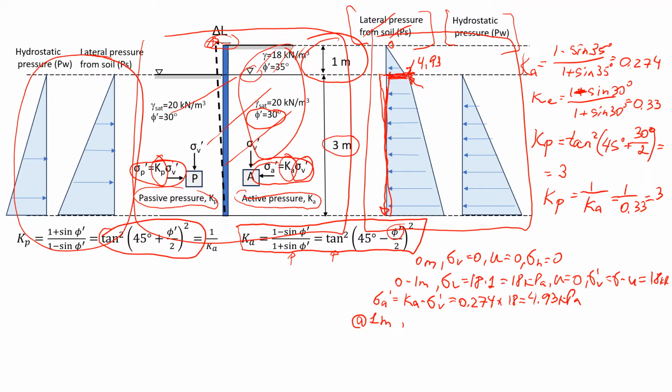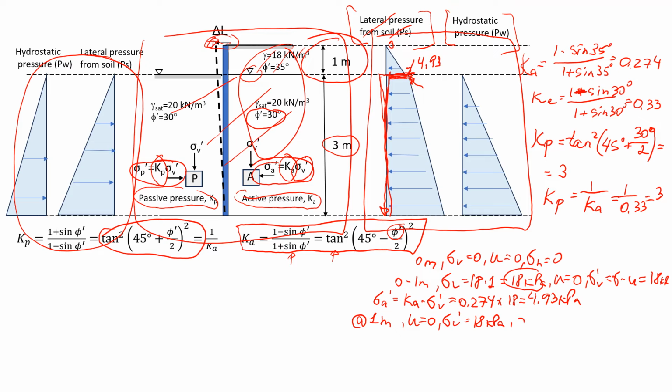So I'm going to write here at 1 meter. We still have water pressure equal to 0, right? We still know that vertical effective stress is equal to 18 kPa. That's what we found here. The only difference is this coefficient of active pressure.